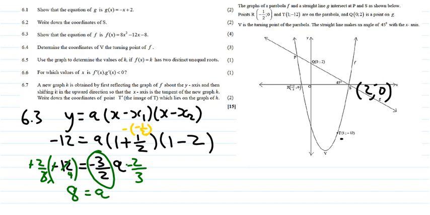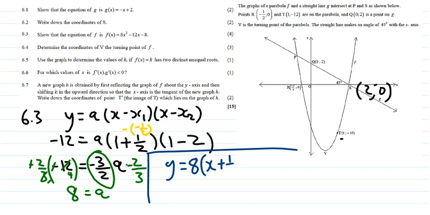Now we have everything. Let us write the equation in the form that they want. They have specifically stated it must be 8x squared, and so on. So let's see. A is 8, (x plus a half)(x minus 2).